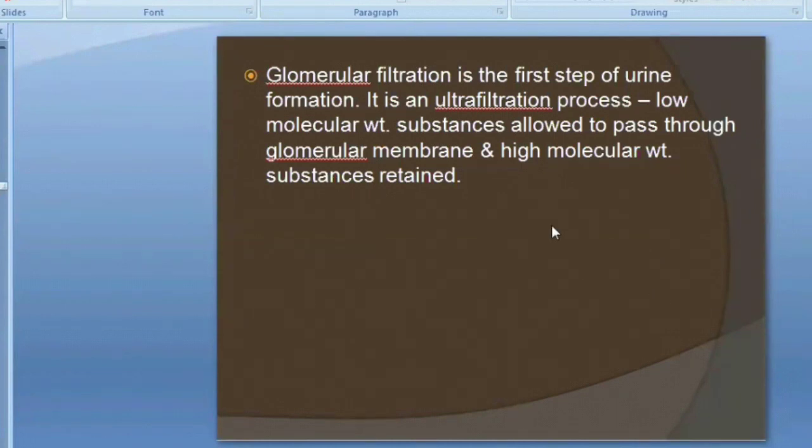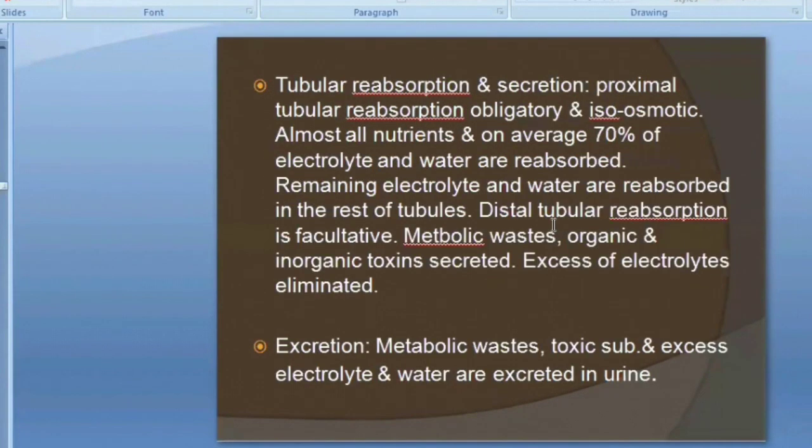Next, after glomerular filtration, the next step is tubular reabsorption and secretion. In this tubular reabsorption and secretion, the proximal tubule plays a very important role. The proximal tubule is called so because it remains proximal to the Bowman's capsule. Is it clear?